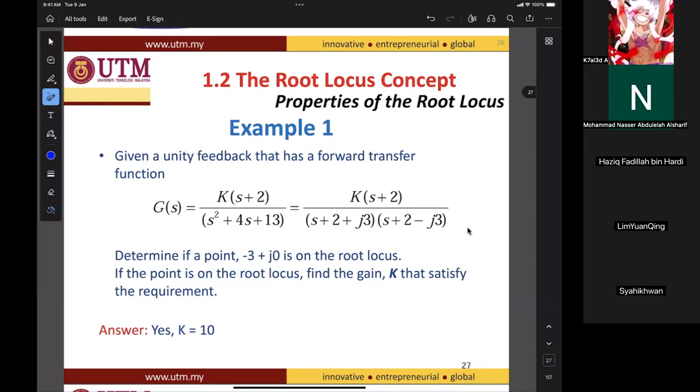Okay, understood. Another thing: according to this example, the root locus goes from the pole at 2 and then travels to 3 using the upper half semicircle. But how do I really know that it uses that path?